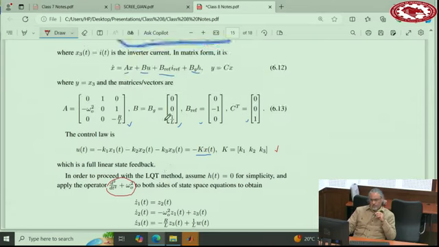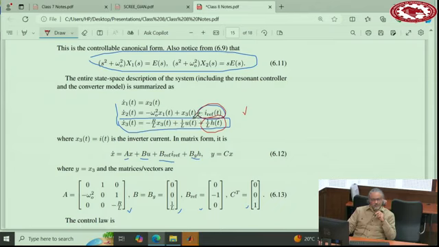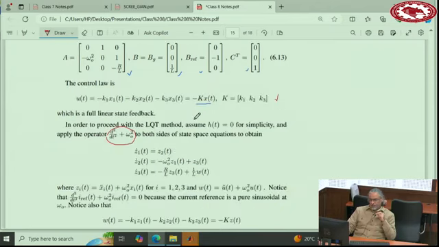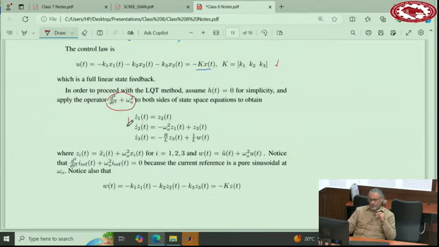Now this transformation removes this term. And what you get is this set of equations. And for the control law, let's call it w, it becomes negative K1Z1, K2Z2, so negative KZ. Now safely you can say this is an LQR problem because you don't have anything else, and then you want to push Z1, Z2, Z3 to 0.